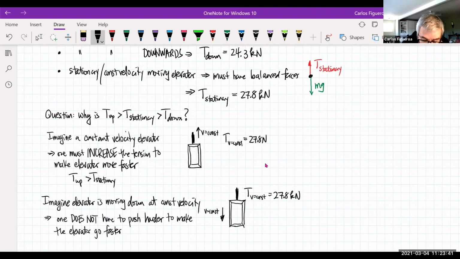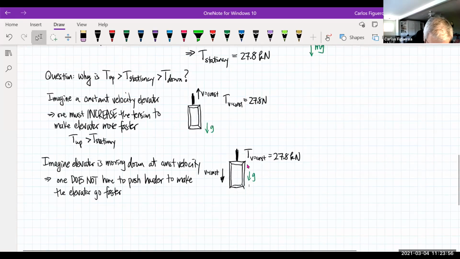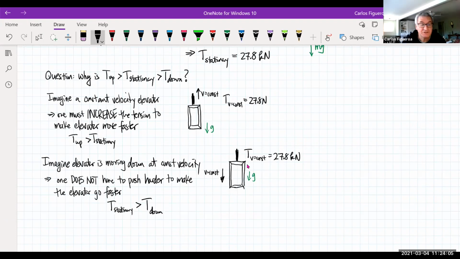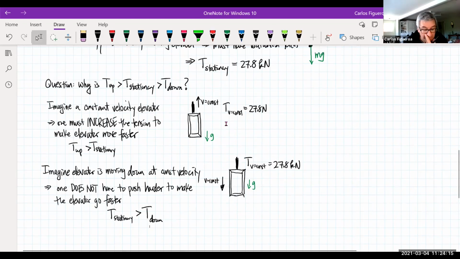In the other case, you were going against gravity, right? The big issue is that you were going against gravity, and now you're going with gravity. So as a consequence, you don't have to push as hard. So when I look at the stationary value, the tension going down is going to be smaller than the stationary, because you don't need to push as much. Whereas before, going against gravity, you have to push harder. So that's what it means when you have these three values here.